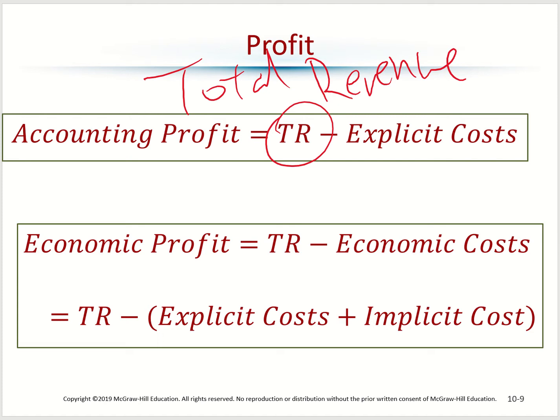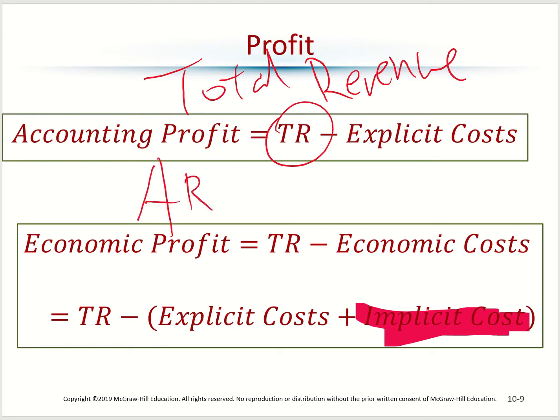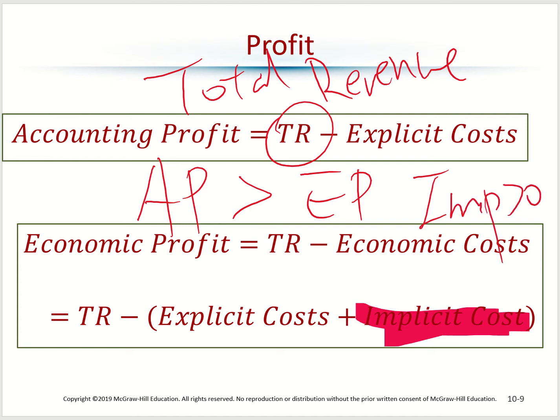Your economic profit is your total revenue minus your economic cost, which is the explicit cost plus implicit cost. If you compare the two, economic profit must consider the implicit cost. Because of that, your accounting profit is always more than economic profit, because your implicit cost is always more than zero. There's always opportunity cost involved.